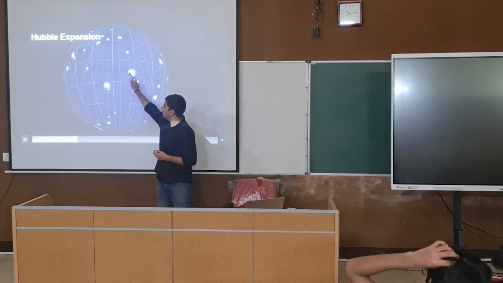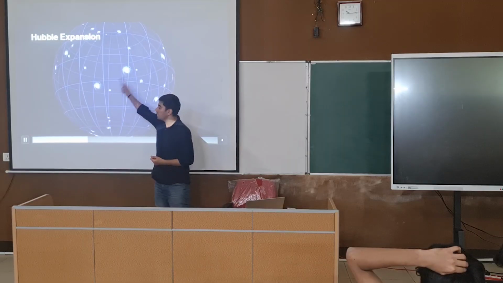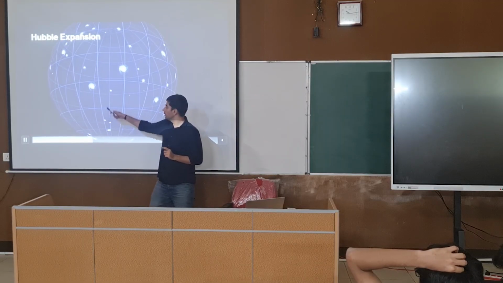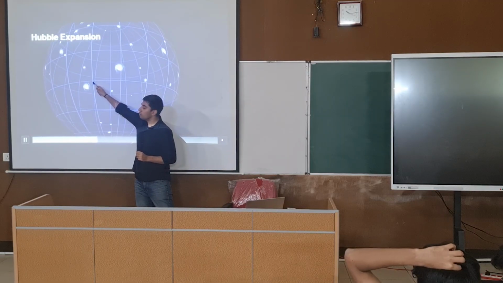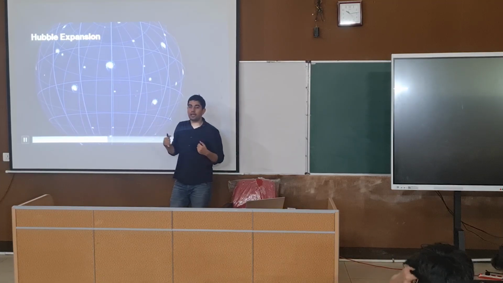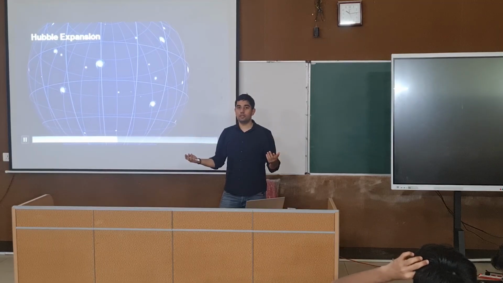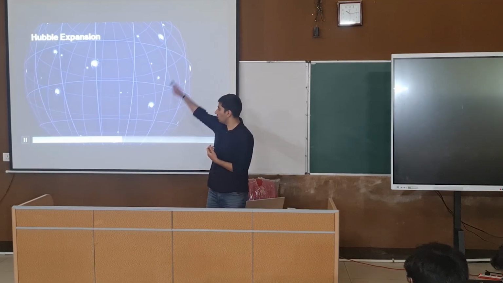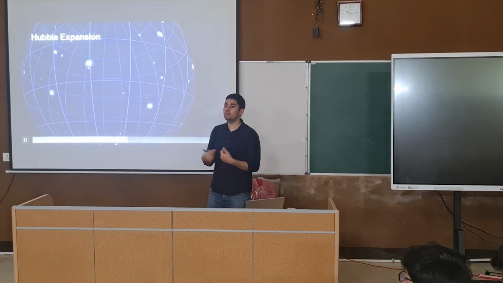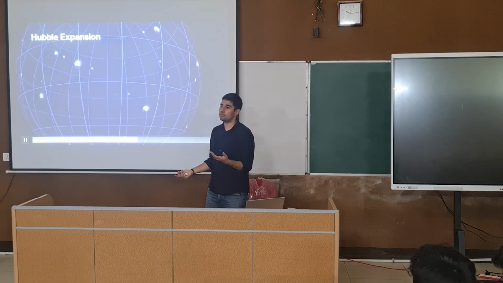The space between these two galaxies is increasing. The position of these galaxies is not changing. We look at this position relative to this grid point. The galaxy stays at the same grid point. What is happening is the grid itself is becoming larger, right? The sphere on which it is located is itself getting bigger. And this is the expansion of space.